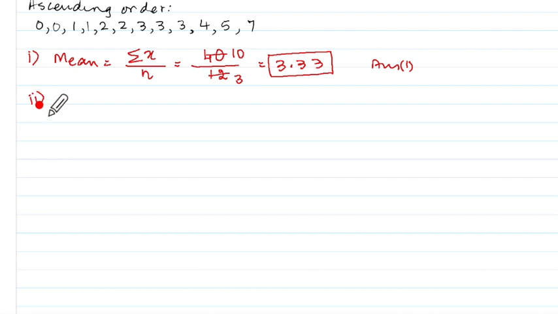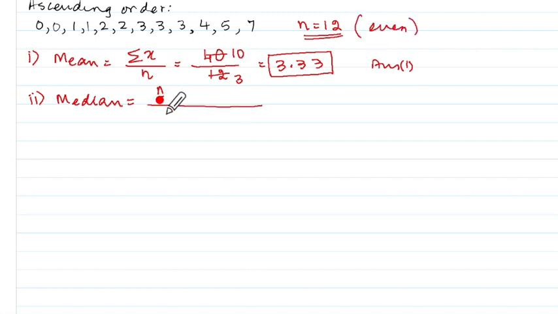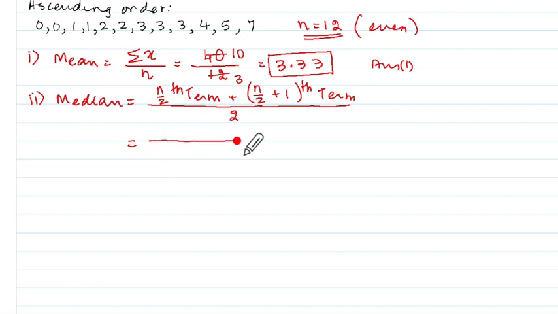For the second one, we have to find the median. For the median, remember there are 12 values. So if n is 12, it is an even number. So our median will be n upon 2th term plus n upon 2 plus 1th term upon 2, which is equal to here n upon 2th means 12 upon 2th, that is 6th term, plus 6 plus 1, that is 7th term, and that upon 2.